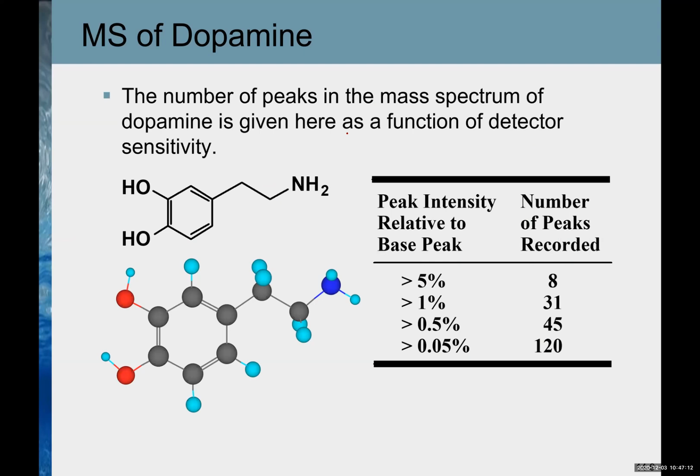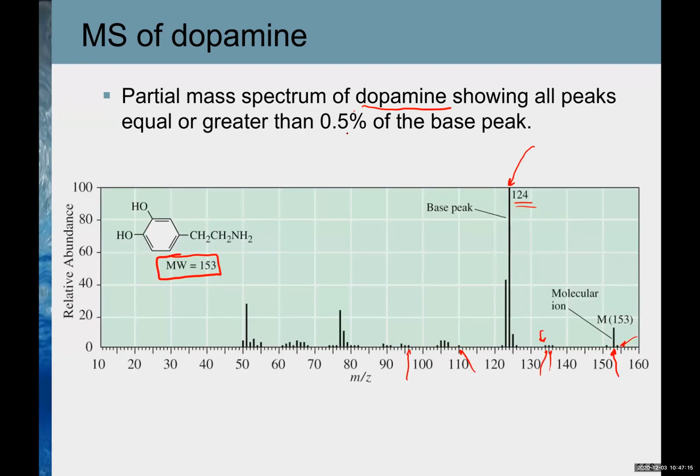In this case, it's showing all peaks which are greater than 0.5% of the base peak. We call this base peak 100, so any peak bigger than 0.5% will be shown. Any peak smaller than 0.5% will not be shown.